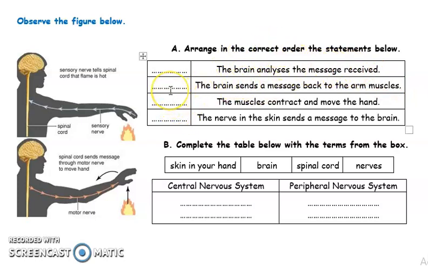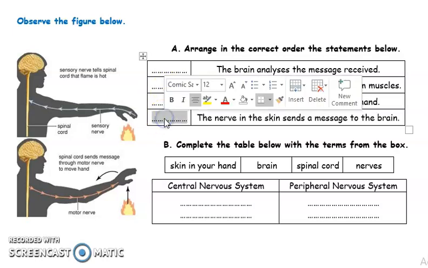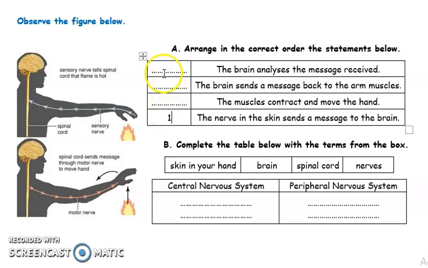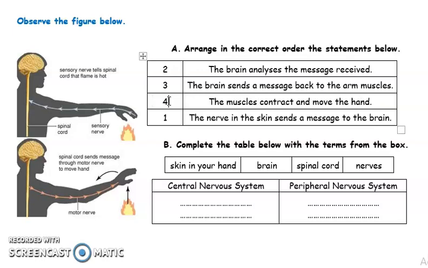Okay, first of all, the nerve sends a message to the brain. The brain analyzes the message, explains the message. It sends a message to the muscles, and the muscles contract. Central nervous system is made of the brain and spinal cord.